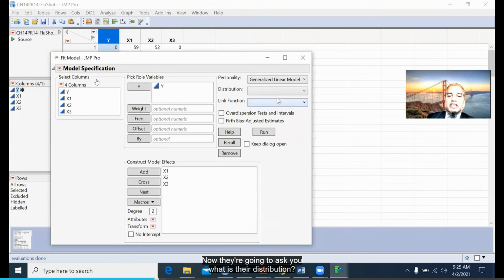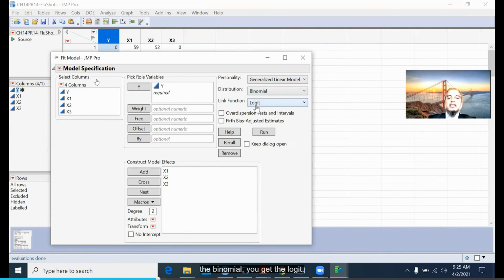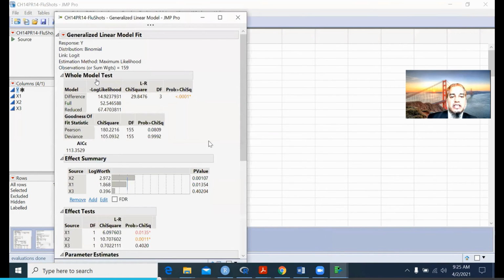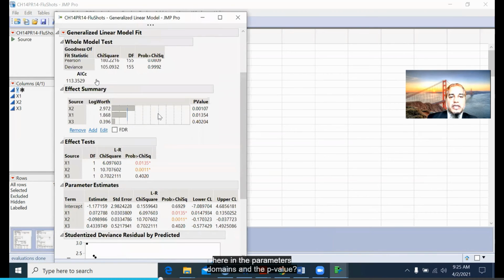Now they are going to ask you what the distribution is. For the logistic one we select the binomial, and you can see whenever you select the binomial you get the logit, and then run this one. Do you see any differences in the parameter estimates and the p-value?